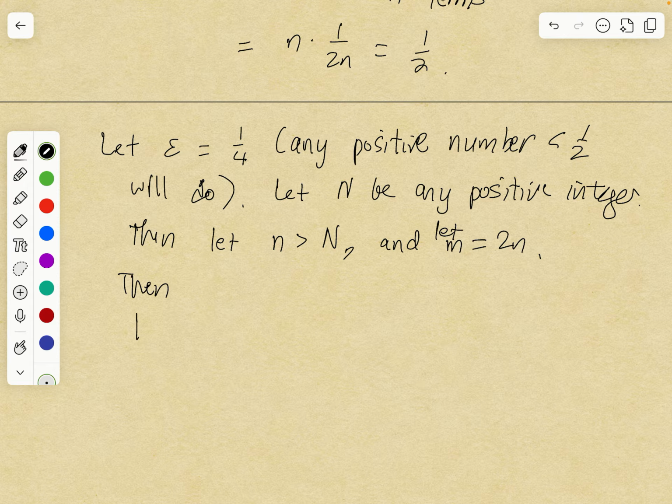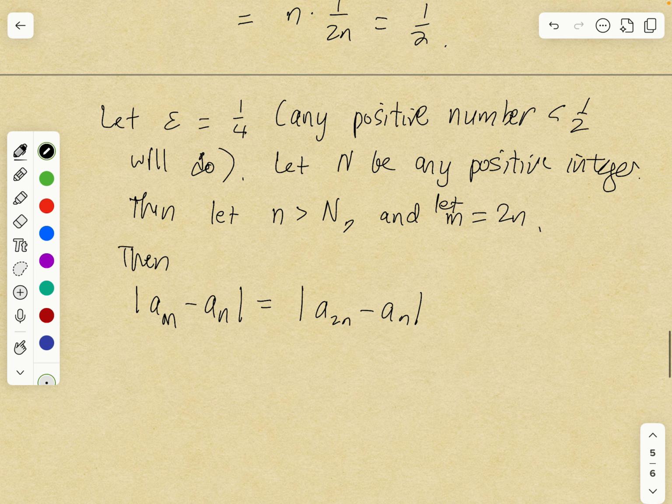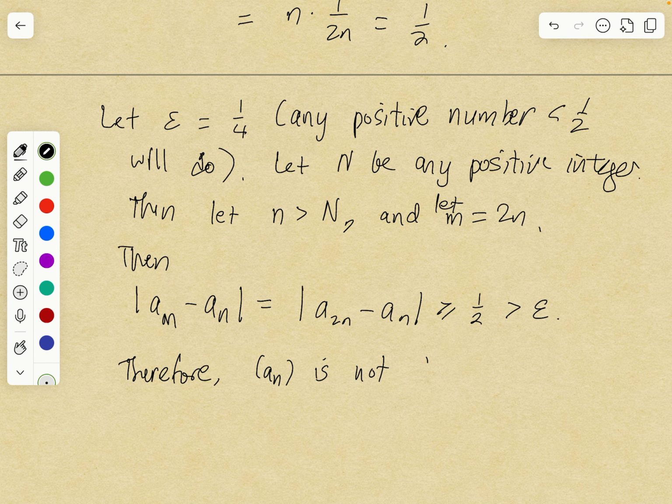Then the absolute value of a sub m minus a sub n is just the absolute value of a sub 2n minus a sub n. By what we've shown, this is greater than or equal to a half, and so that's greater than epsilon. That proves that the sequence is not Cauchy, and hence not convergent.